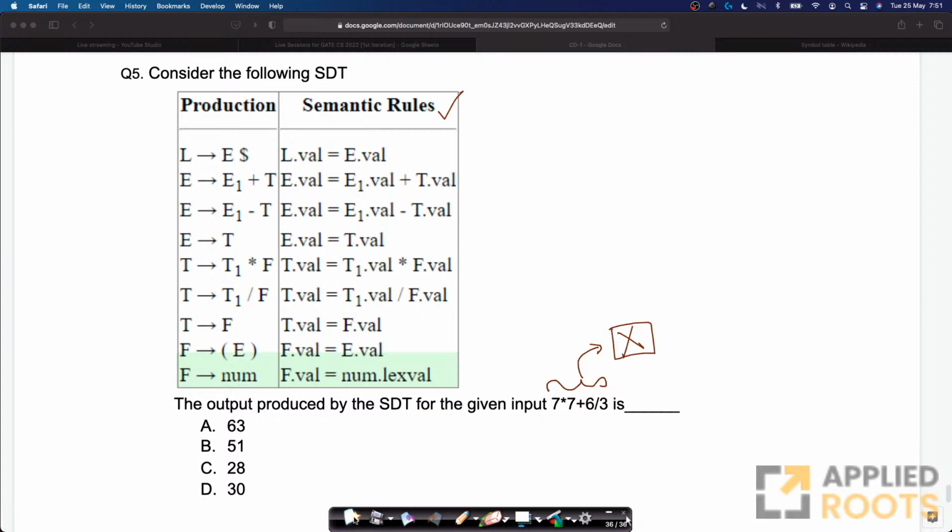I see that mistake being made by a lot of students. They just look at this expression and say, hey, I'll simply evaluate it, like a simple arithmetic expression. But you could fall into a trap that way.